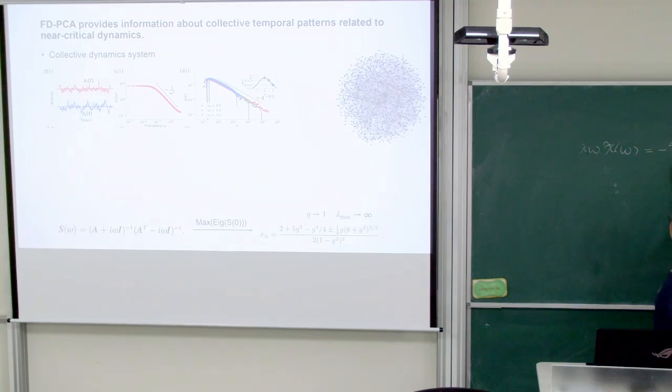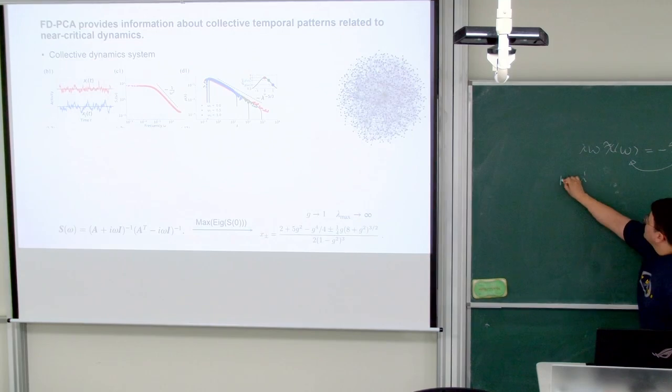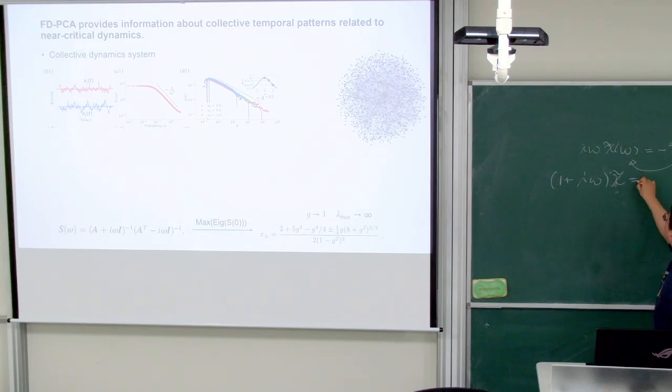Then if you move this, 1 plus I omega times x omega equals G W x omega plus noise.